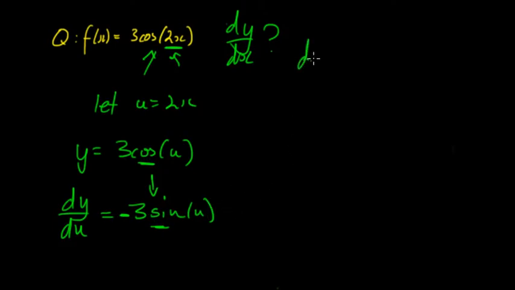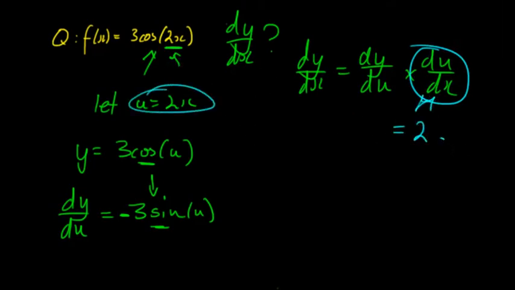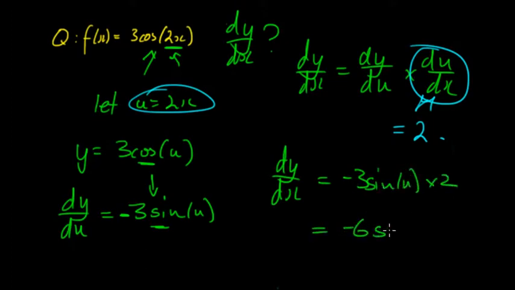Then if we want dy/dx, that is equal to dy/du times du/dx. So what does du/dx equal? Well, that's the derivative of 2x, so that is just equal to 2. So there we're going to get dy/dx is equal to negative 3 sine u times 2, which will give us negative 6 sine 2x.